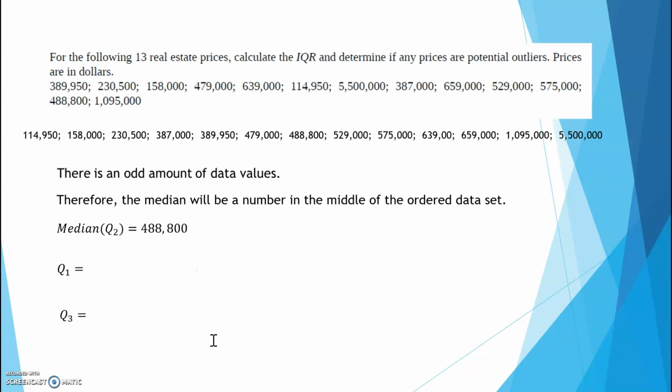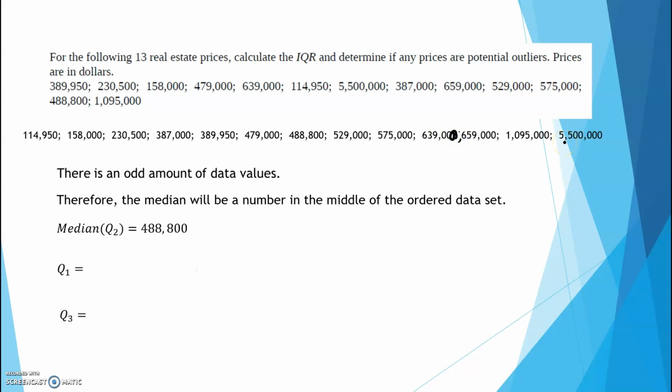Okay, so say we've got 13 real estate prices here, and we want to find the IQR, and we want to see if there's any potential outliers. So here's my data, and I've got 13 of them. We notice that they're not in order, so I'm going to go ahead and put them in order, and I need another 0 right here.